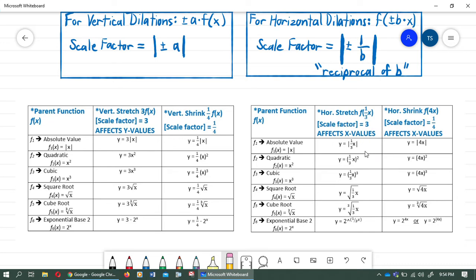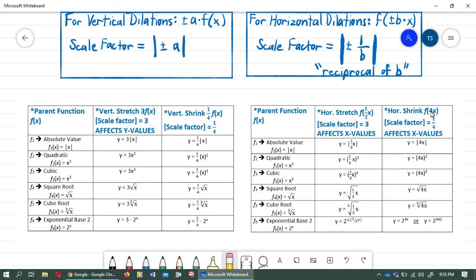Okay. All right. So you can see each of these functions, each of the results. You can see the equations after we have done a horizontal stretch, and exactly what they should look like, with the 1/3 being multiplied on the inside of each of these functions. And then you can see this last column for the horizontal shrink, where the inside is being multiplied times 4. Again, the scale factor is the reciprocal of that number.